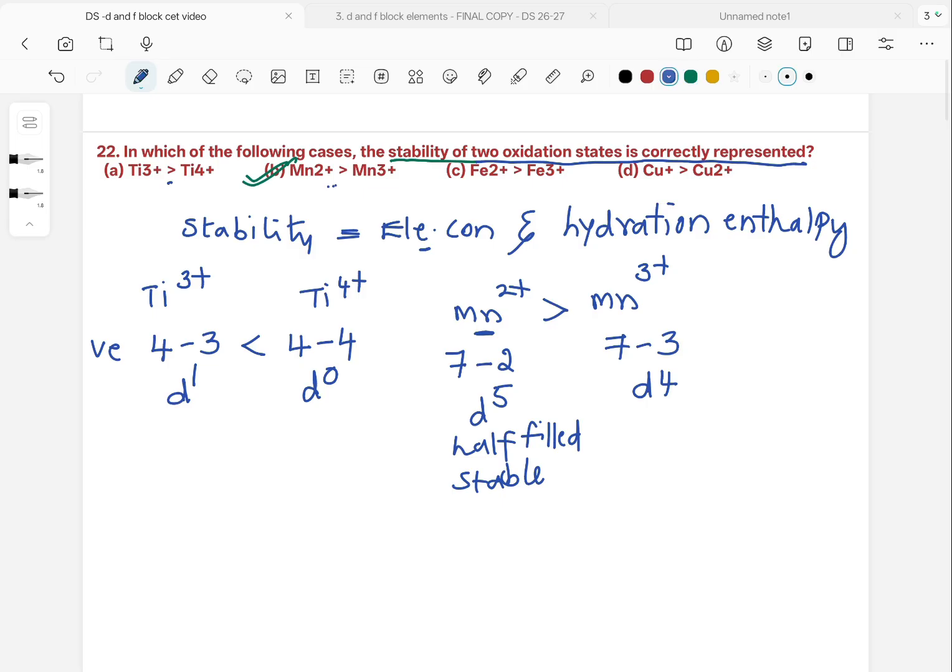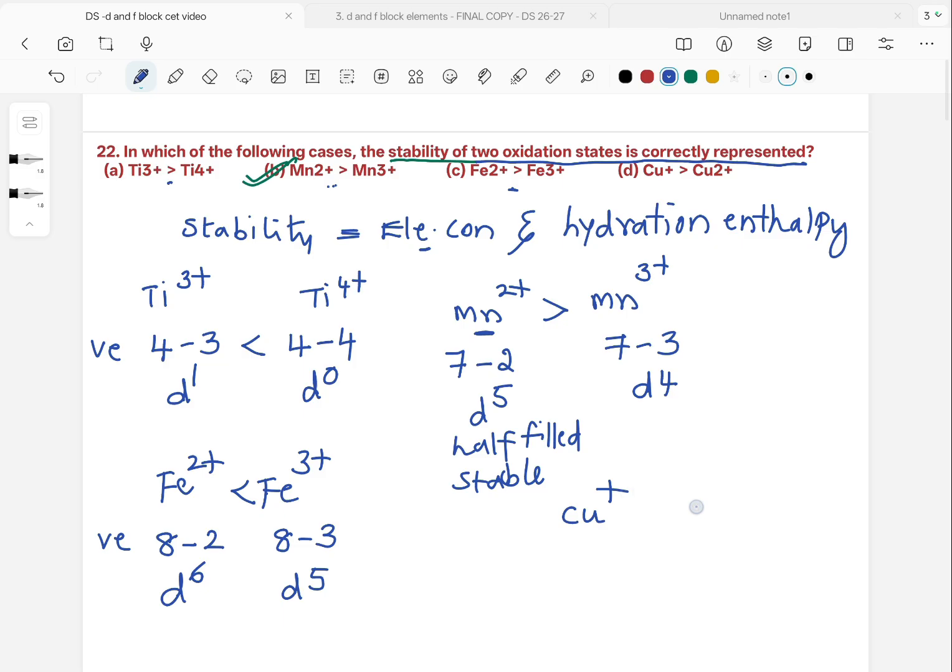But let us find out the rest two also. Fe2+ and Fe3+. The valence electrons of iron are 8, minus charge 2, it ends with d6 configuration, and here 8 minus 3, it is d5 configuration. This should be more stable, but it is given the other way here, so that is not the option. Whereas the D option, Cu+ and Cu2+. The valence electrons of copper are 11 and charge minus 1, it has d10 configuration.